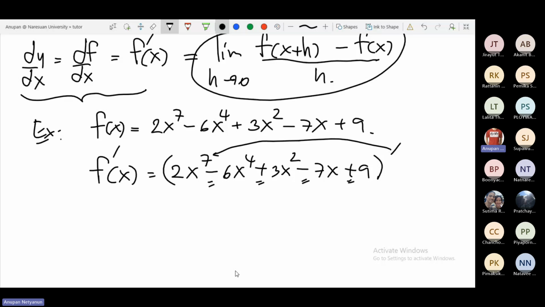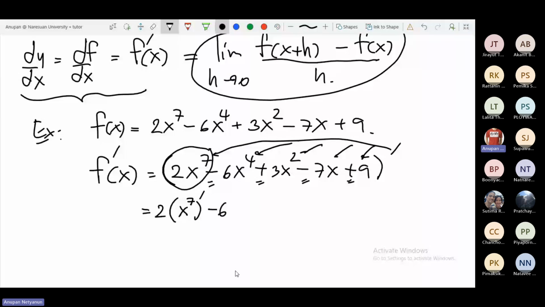So derivative can distribute inside for each term. For example, the derivative distributes to the first term, and your 2 is a constant, it can come out. So I only need to take derivative of this guy, x to the 7. Derivative distributes to the second term, negative 6 is a constant, can get out.